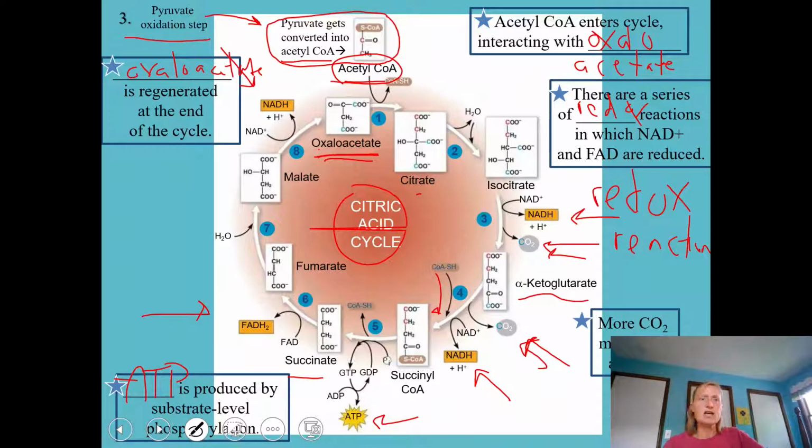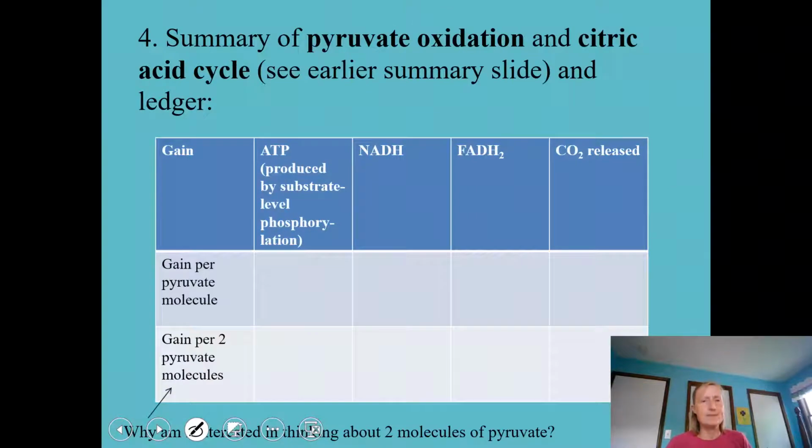So we really have to kind of double the products that are in this picture, because we have 2 pyruvates being moved through pyruvate oxidation and the citric acid cycle.